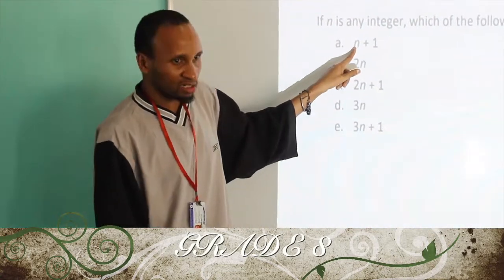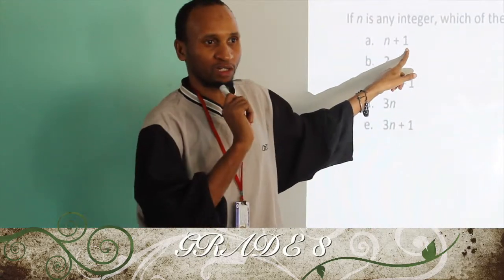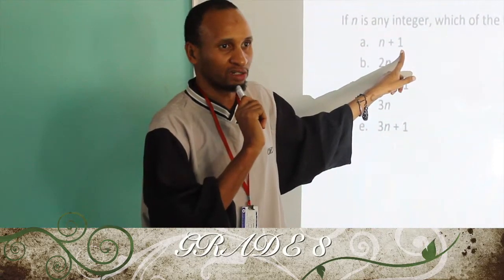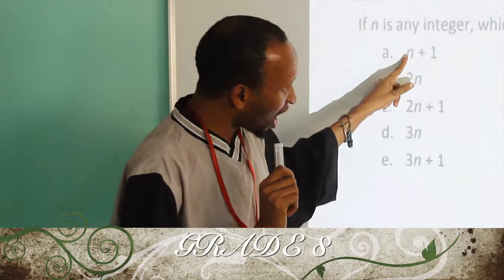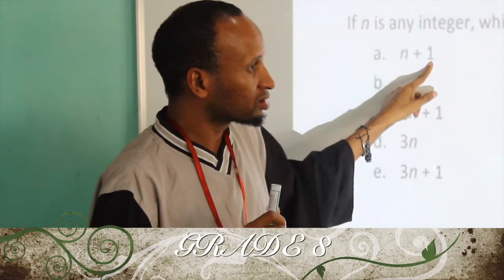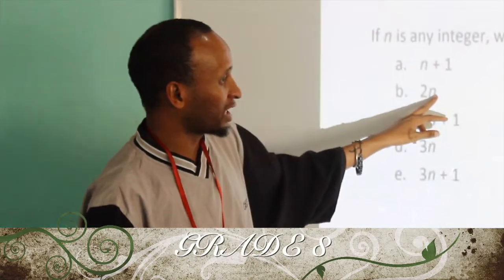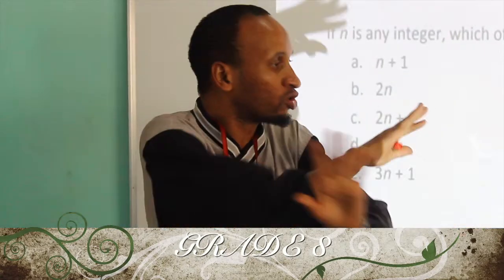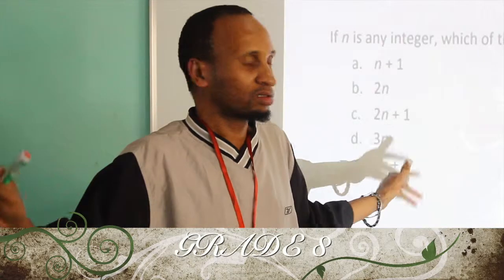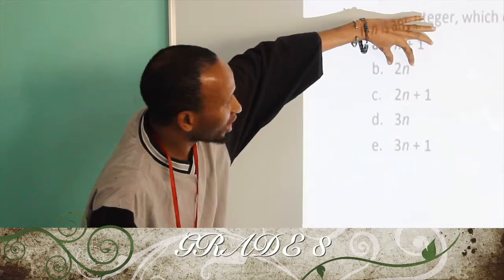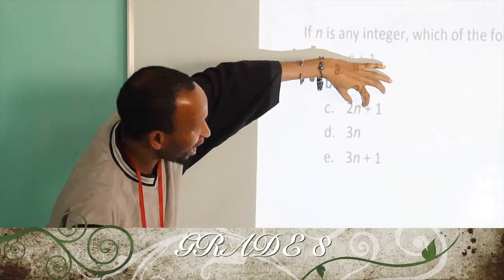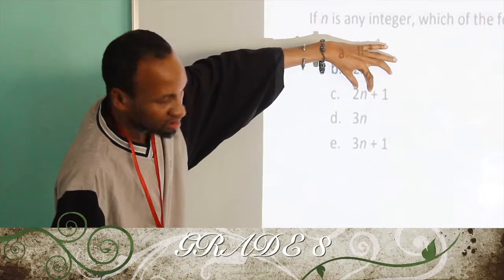If this is odd, you add 1 to it, it becomes what? It becomes even. No, I'm sorry. If it's even, you add 1, it becomes odd. 2n. Anytime you multiply something by 2, you get even all day long. 2n is always even.